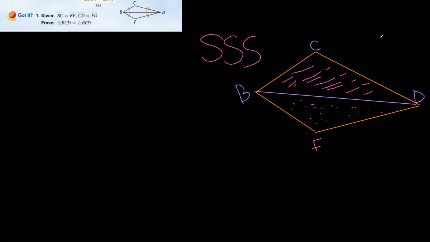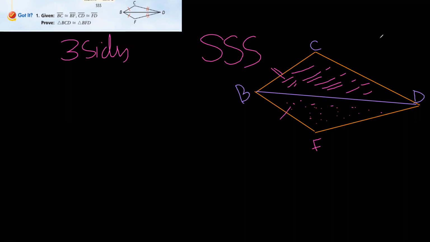So how many sides do I need? I need 3 sides. If I say that these 3 sides are congruent, I will say that my triangles are congruent. The first one is given.